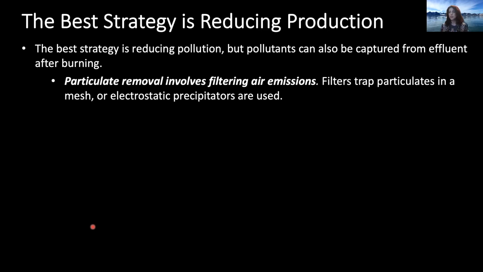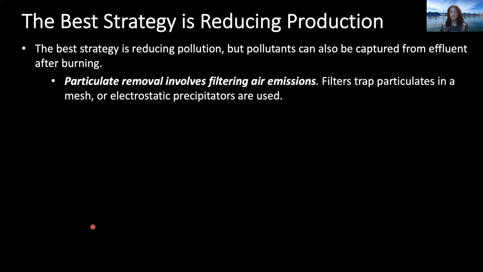So the first thing here is particulate removal, which involves filtering air emissions. These filters trap particulates in a mesh of cotton cloth, spun glass fibers, or asbestos cellulose. These industrial filters are generally just really, really big bags that can be huge, about 10 to 15 meters long and 2 to 3 meters wide.